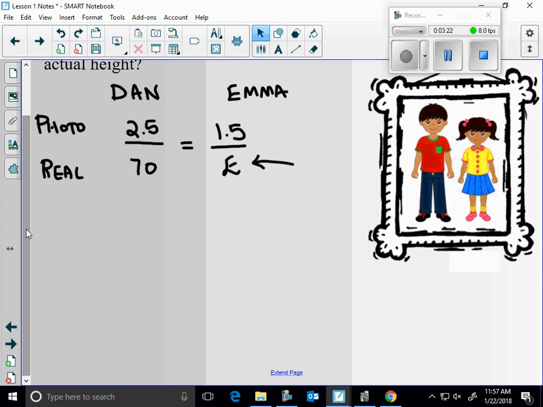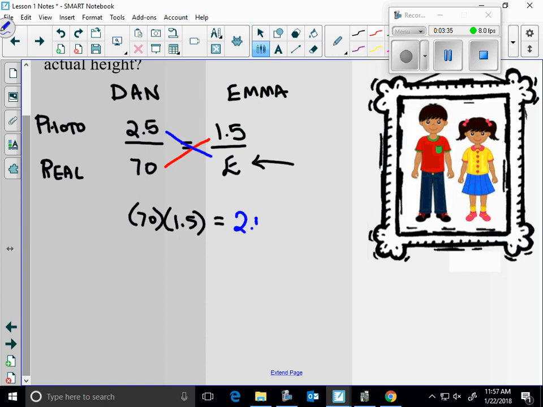So I'm going to cross multiply and take 70 times 1.5 and set it equal to 2.5 times E. 70 times 1.5 is 105, so 105 equals 2.5E.